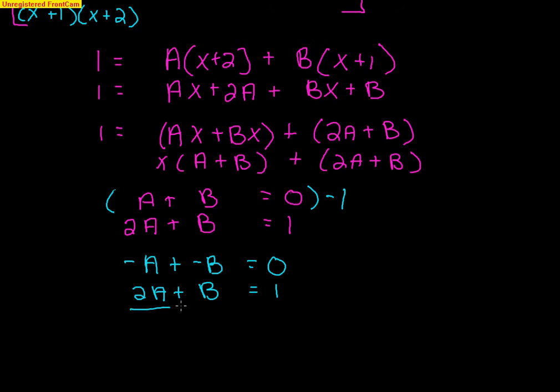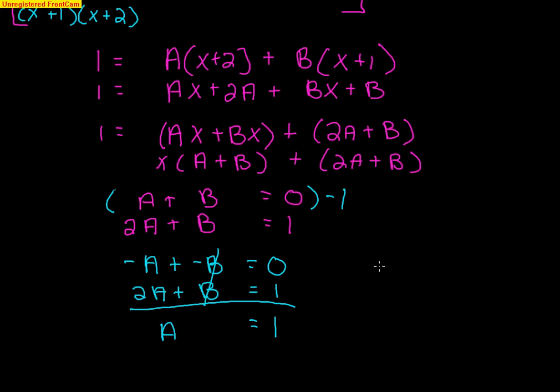And then when we add these together, the b's cancel out, and we get a equals 1. So now that we have a equals 1, we can plug the 1 in for one of these equations and solve for b.